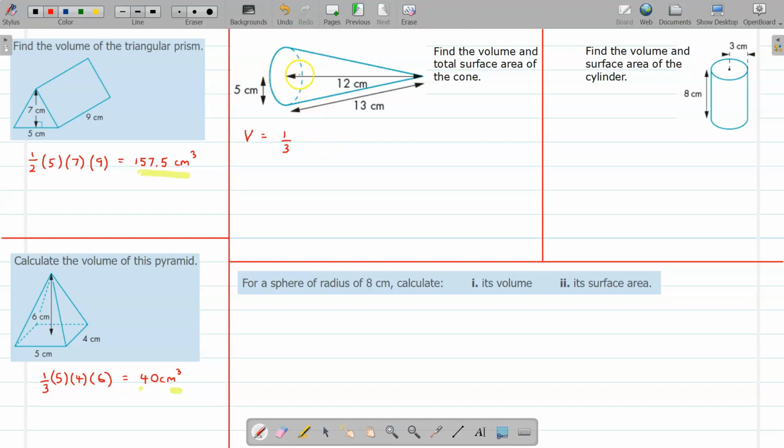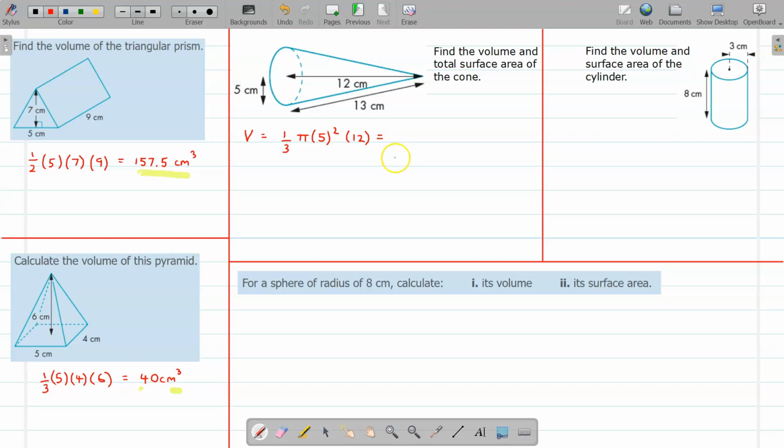By height, I mean 12 centimeters, the distance from the middle of the base vertically up to the top. So it's 1/3, the area of the base is pi times the radius squared, so pi times 5 squared, times the height, which is 12. The 13, which is the slope height, doesn't come into this at all.